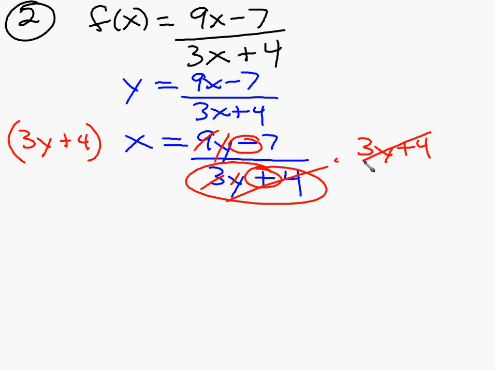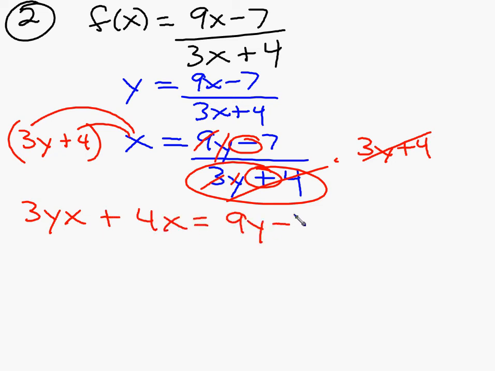Then I would use the distributive property here. So I have 3yx plus 4x equals 9y minus 7. Now remember what we're trying to do. We're trying to get y by itself. So it makes sense to get the y terms on one side and everything else on the other.